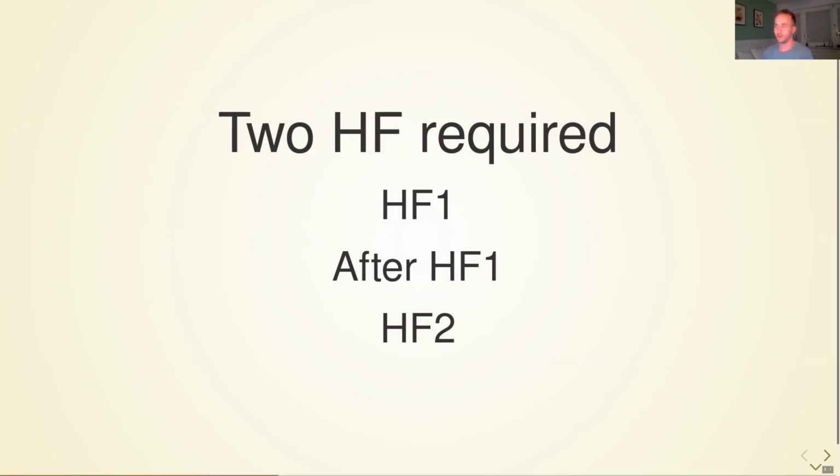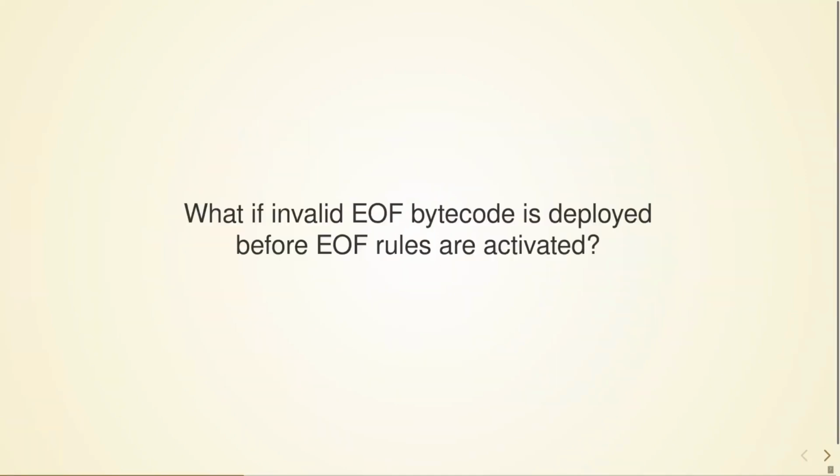And in the first hard fork, could I interrupt? Yeah, go ahead. Maybe this would answer James's question. If you go back one slide, what if invalid bytecode is deployed before this is activated?